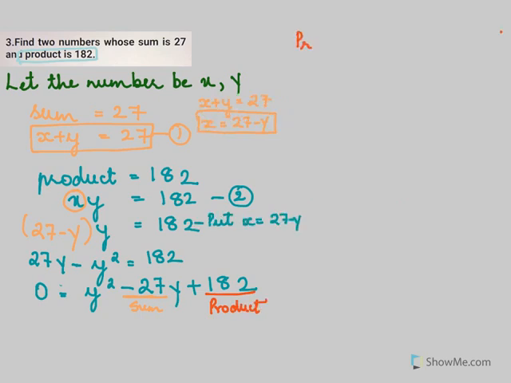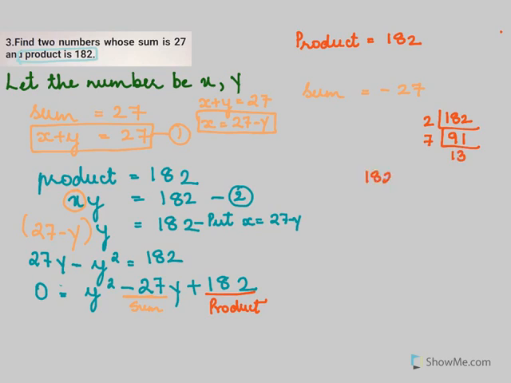So let's write again here. We know the product should be 182 and the sum should be minus 27. So let's take up 182 and find the factors of it. We have 2, we have 91, then 7, and this becomes 13.